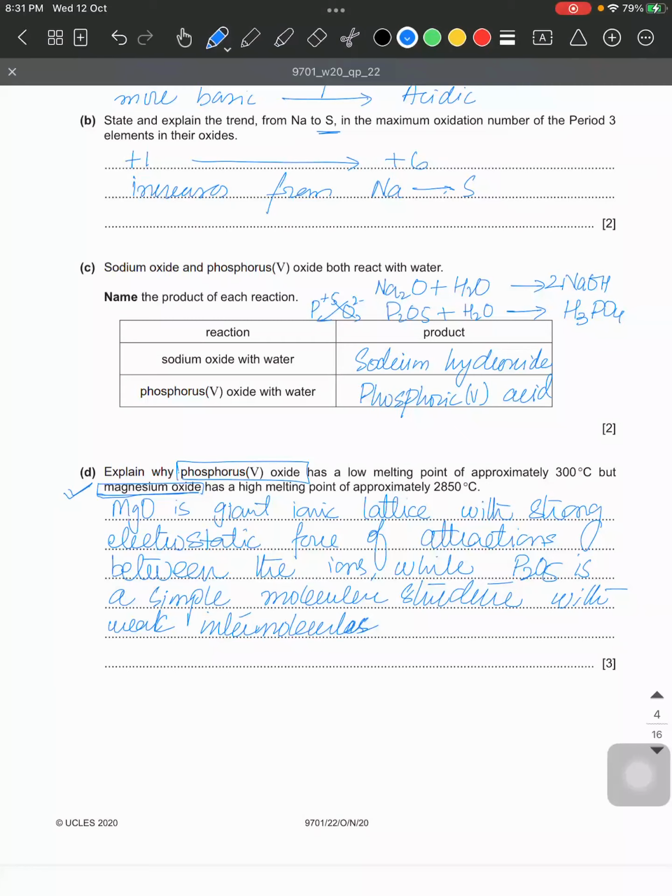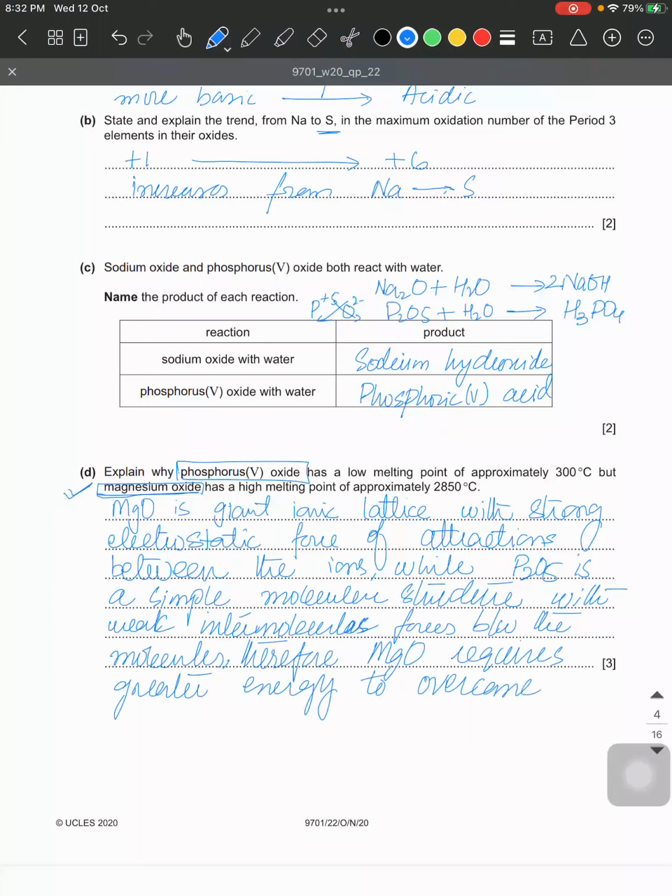You need to remember the difference here. So, weak intermolecular forces between the molecules. Therefore, MgO requires greater energy to overcome. You need to compare here as well for 1 mark. So this is the frame answer for this question, right?